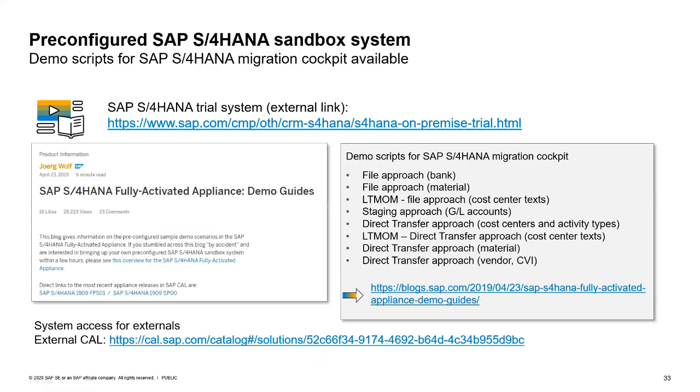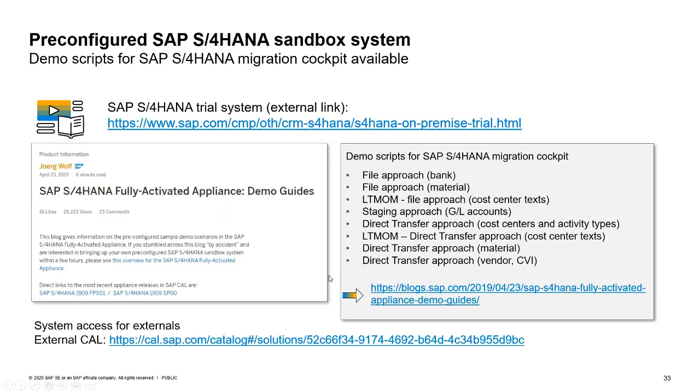Okay, if you would like to get hands-on experience with Migration Cockpit and you don't have access to the systems, you can check the SAP S4HANA trial system, and you can check the SAP S4HANA fully activated appliance system. There are demo scripts available for different approaches of Migration Cockpit and even for different objects.